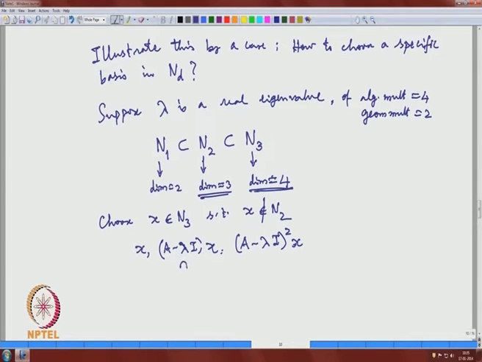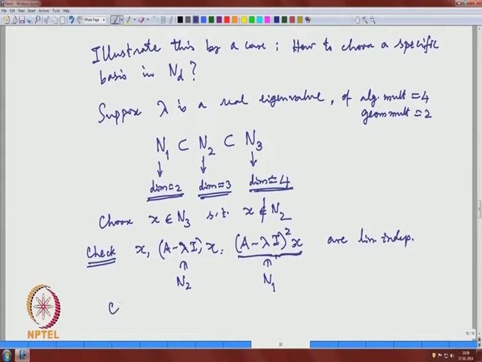So, this is in N 2 by very definition, and this vector is in N 1. Okay. And these are all non-zero. In fact, these are linearly independent. Check that they are linearly independent. Okay. And now, this is a non-zero vector in N 1, but dimension of N 1 is 2.